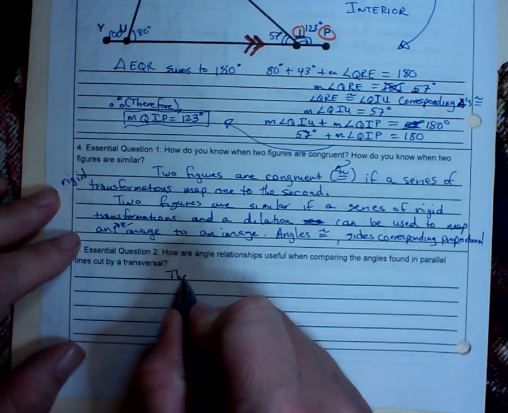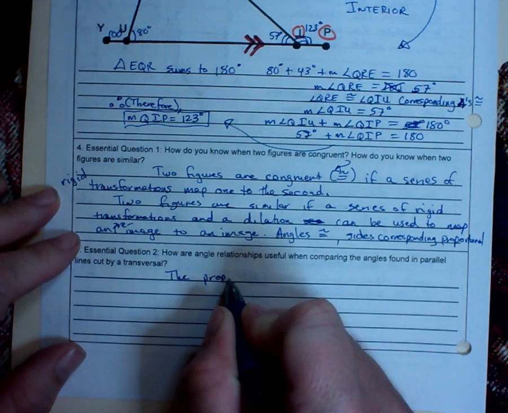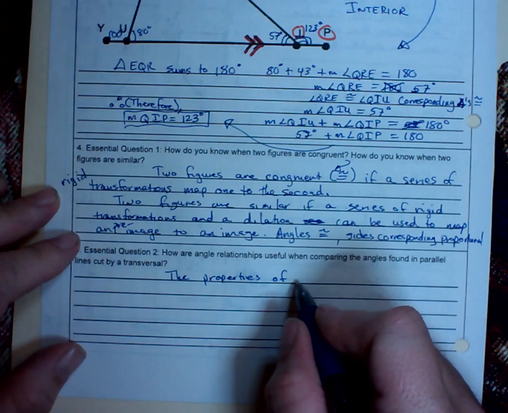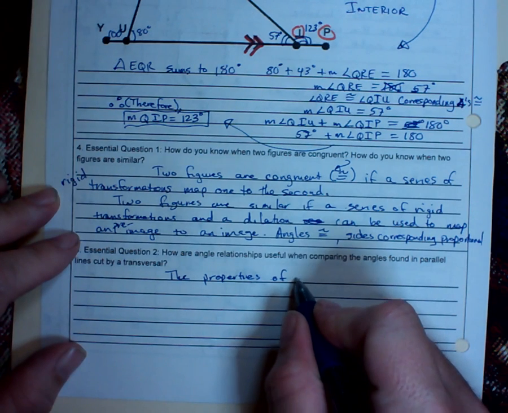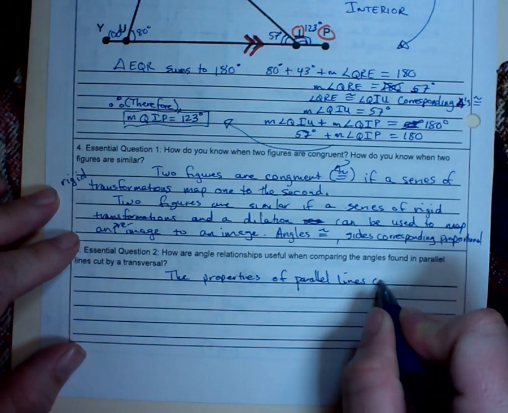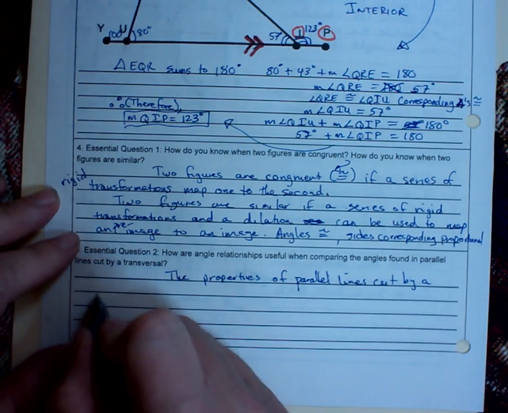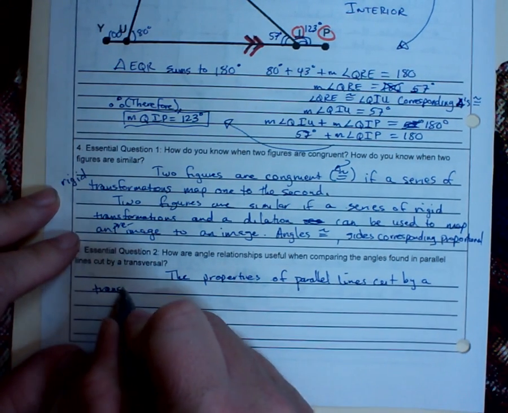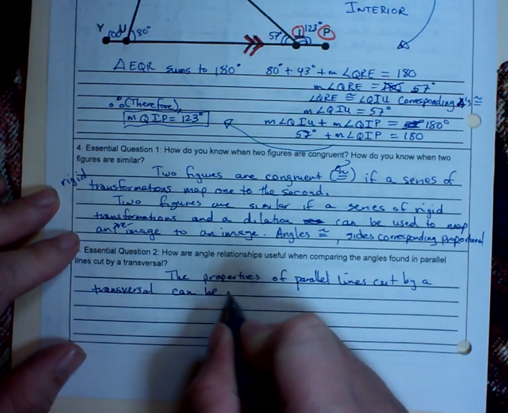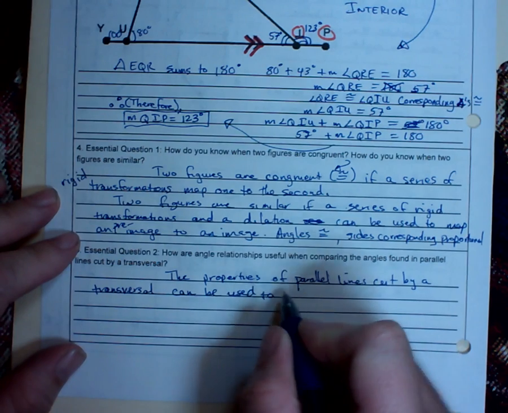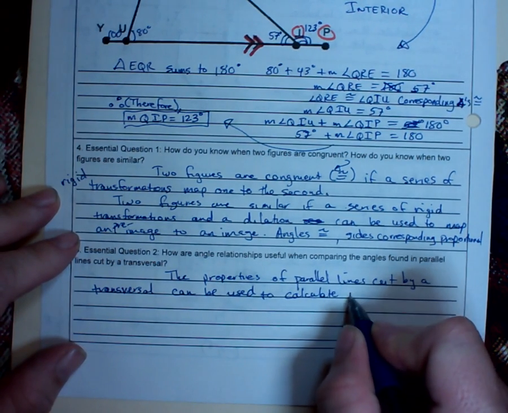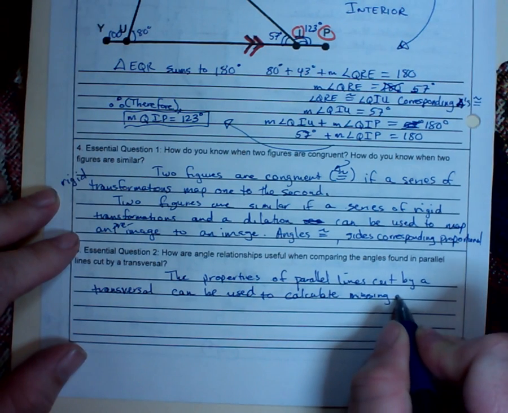The properties of parallel lines cut by a transversal can be used to calculate missing angles.